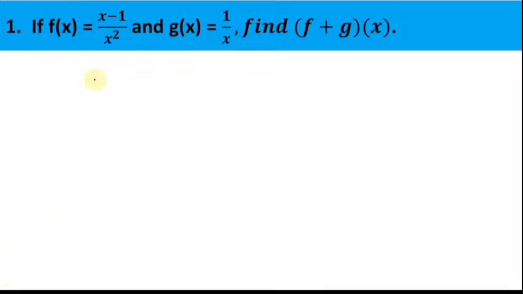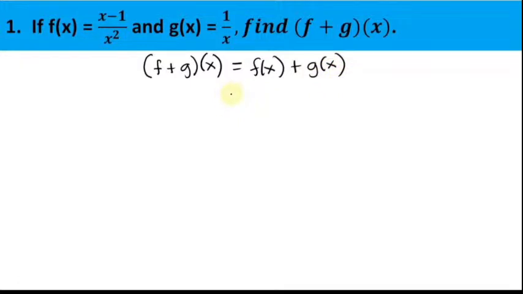So first we need to copy the formula. So formula natin is quantity of f plus g times x equals f of x plus g of x. Then i-substitute lang natin yung value ng f of x.